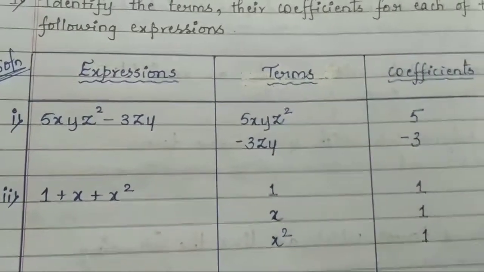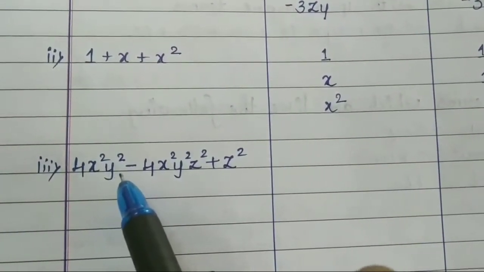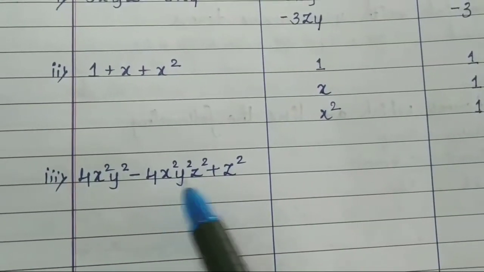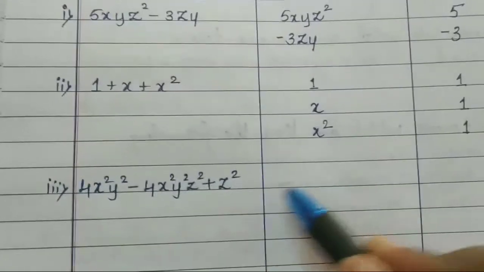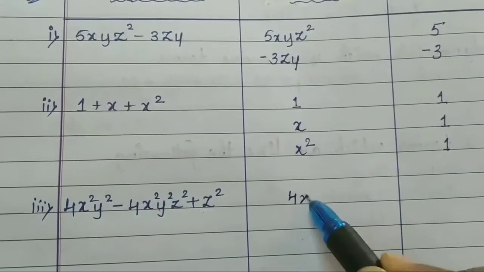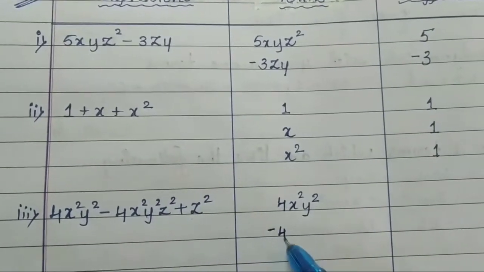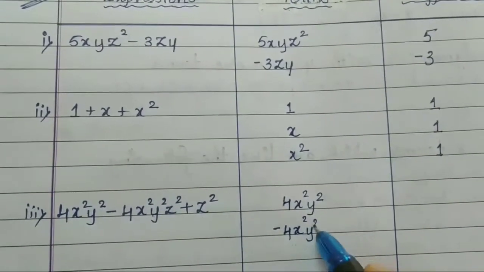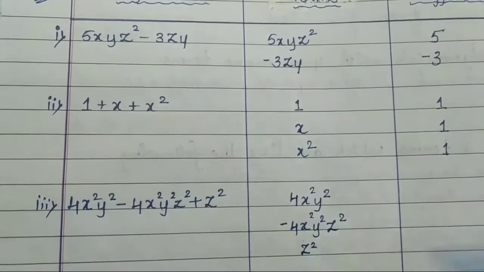as the coefficient. Okay, next moving on to the third question, that is 4x square y square minus 4x square y square z square plus z square. Okay, so here how many terms are given? Three terms are given. So the first one is 4x square y square, second one is minus 4x square y square z square and the third one is z square.